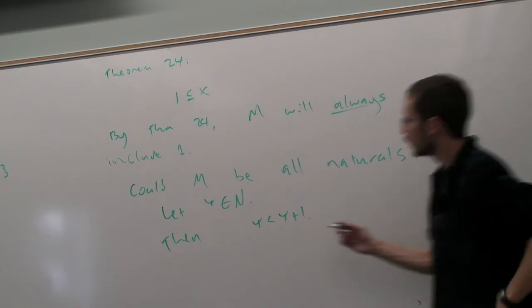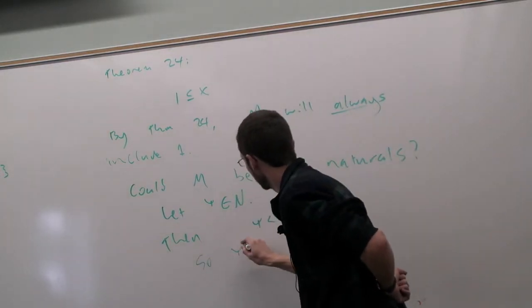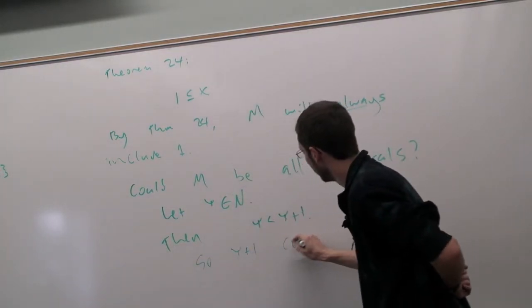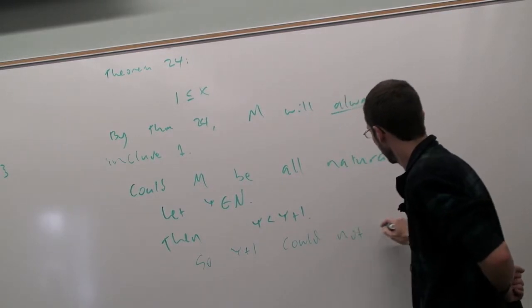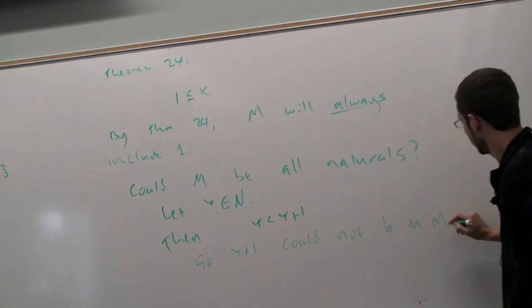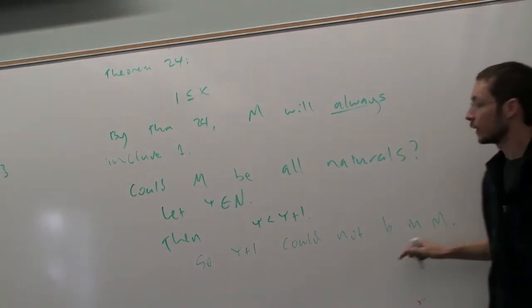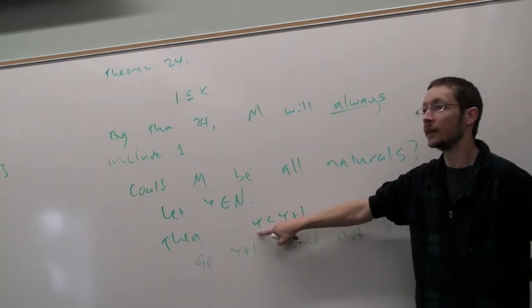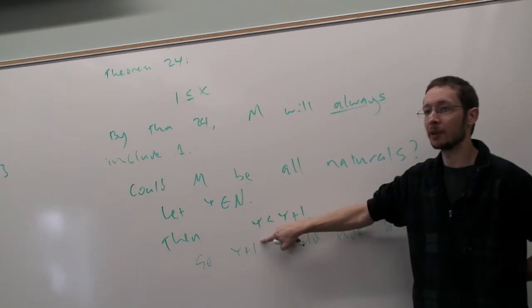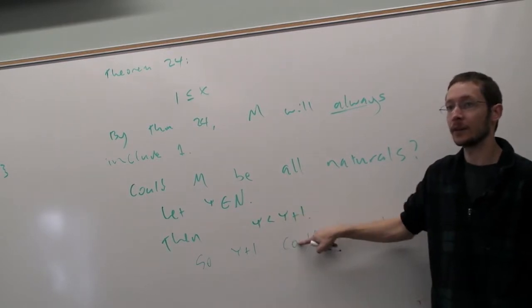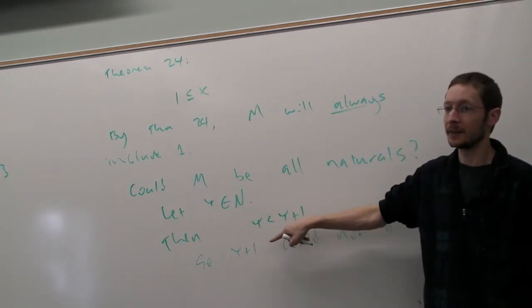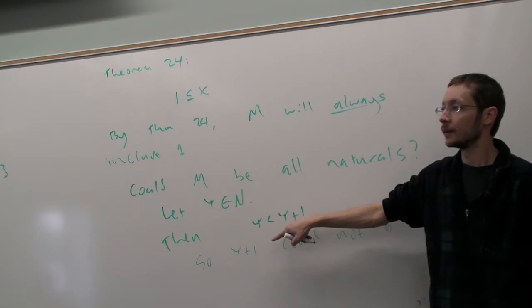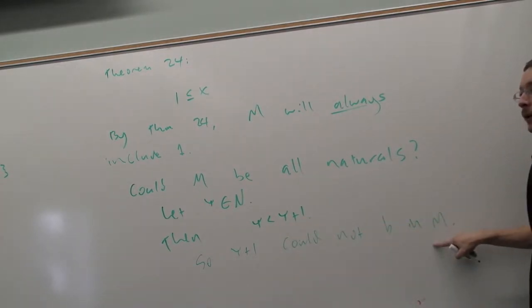And so y plus 1 could not be in M, because M is the set of all numbers that are smaller than or equal to all the items from N. Pick up any element from N, consider its successor, that thing's going to be larger than an element from N. So it can't be one of the ones that's smaller than all the elements from N.